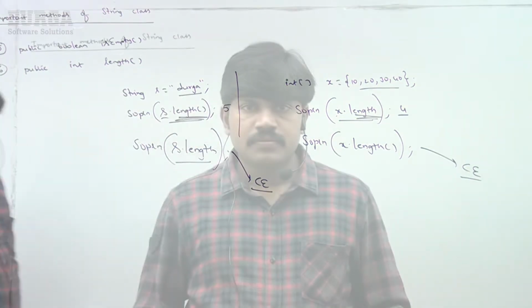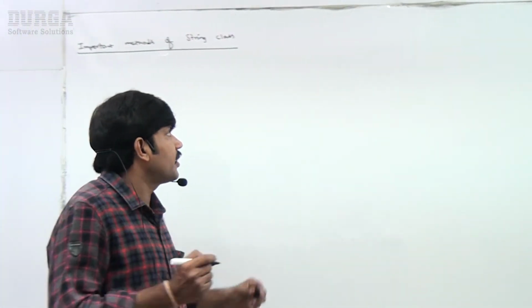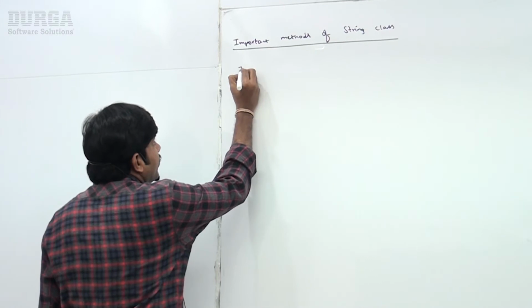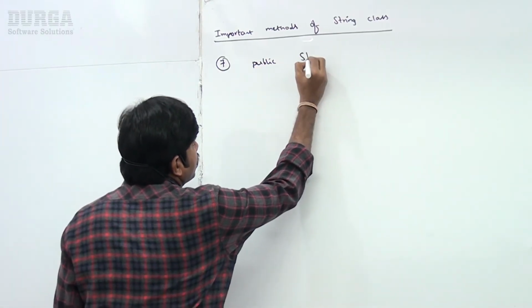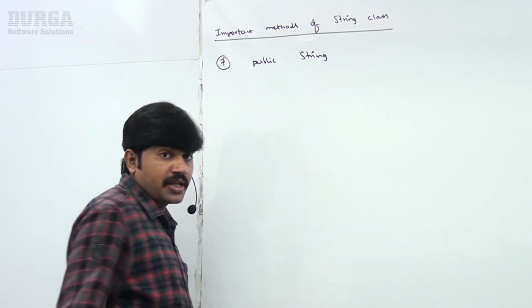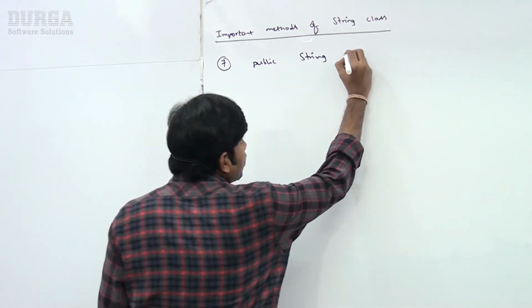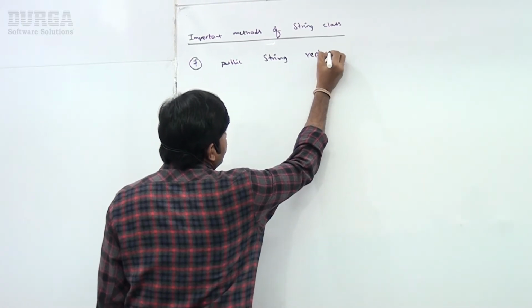Clear? Now the next method related to strings. Sir, here observe: public, string is the return type of this method. The method name is replace.